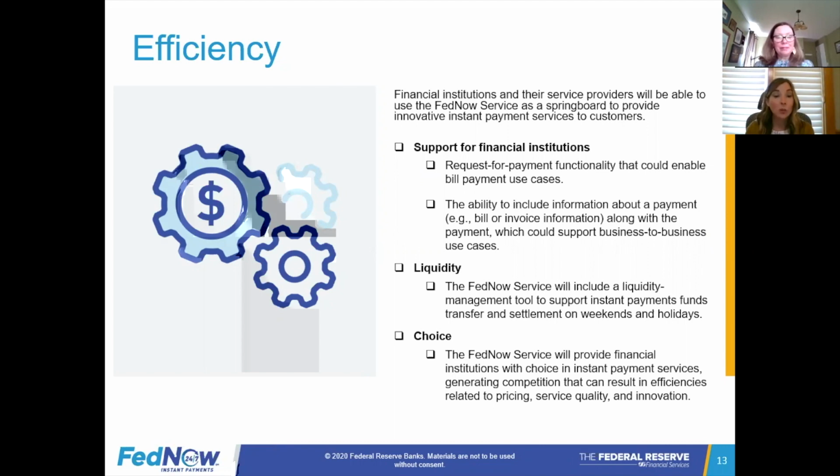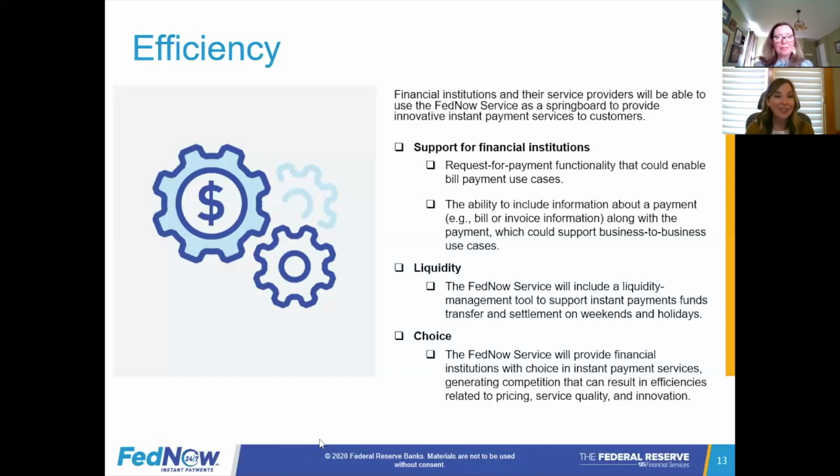The tool will also be available to participants in the private sector instant payment service, allowing them to transfer funds between their Federal Reserve accounts and the joint account that backs the settlement in that service. Additionally, access to intraday credit will be provided for participants in the FedNow service during its business day under the same terms and conditions that are available for our other financial services today. And finally, the FedNow service will provide banks with choice in instant payment services, generating that competition that can result in efficiencies related to pricing, service quality, and innovation.